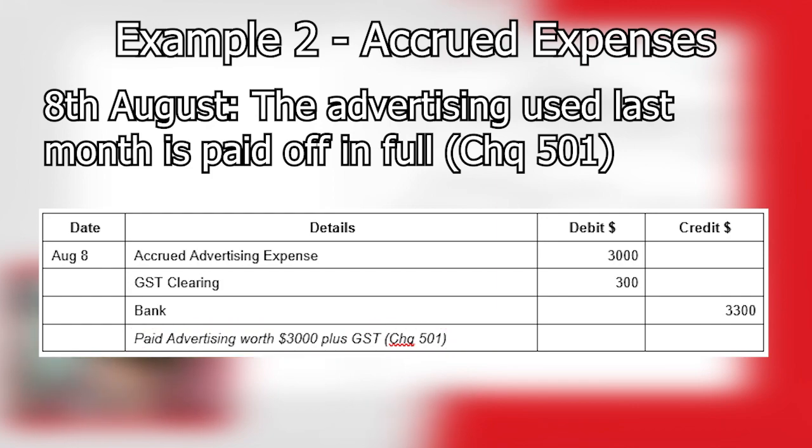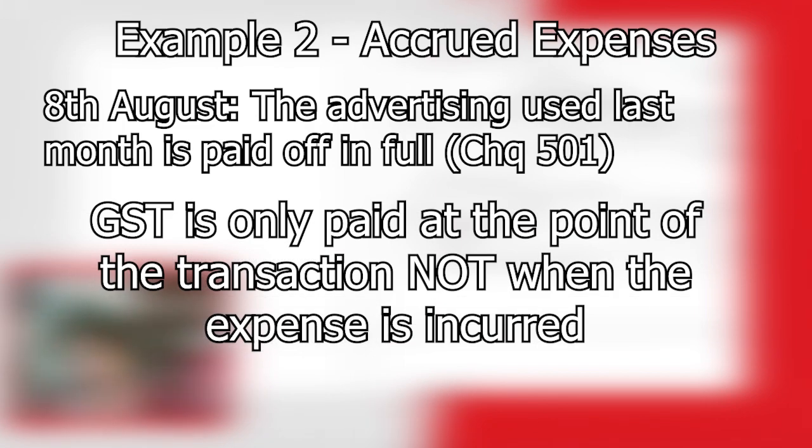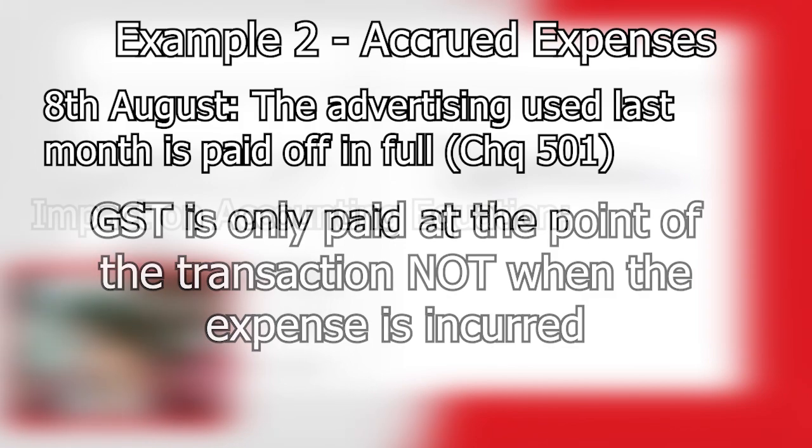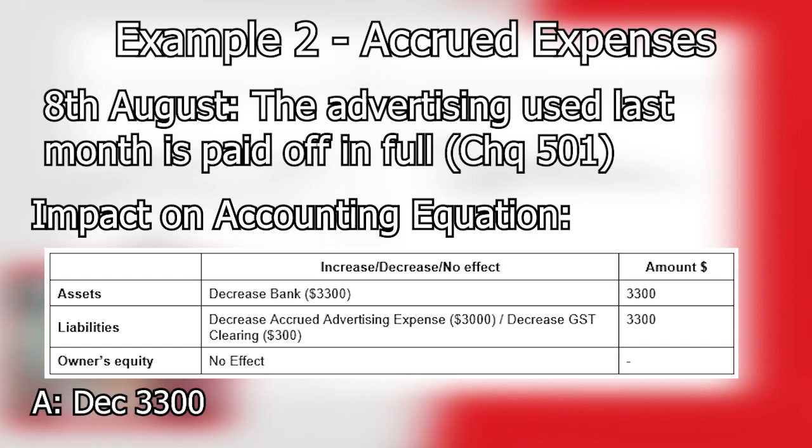So, we have a look here. We notice the GST. So, again, GST is always used at the point of cash transaction or when it's paid off. And then the impact on the accounting equation, we see the asset decreasing bank by 3,000. We decrease accrued advertising expense by 3,000 as well.